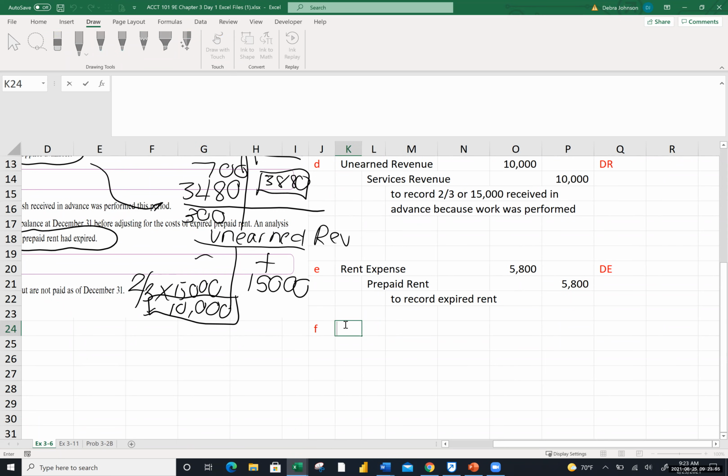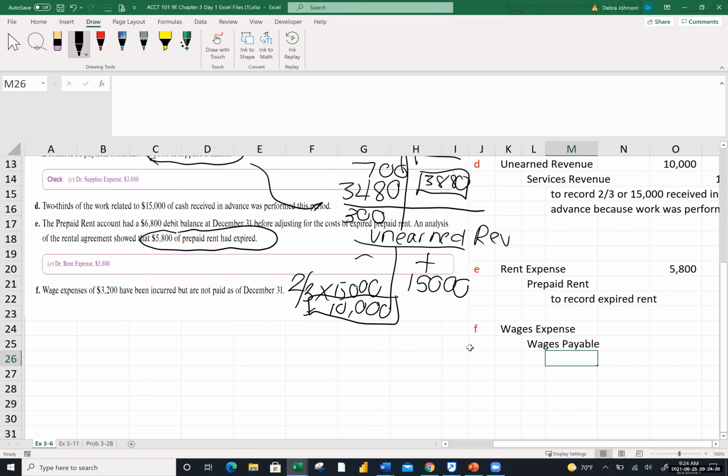You're going to see this happen on the lawn mowing business. It said the guy still owes his friend some money for mowing the lawns. GAAP says you've got to record that expense when it was incurred, in the same period as the revenue he generated. So for this one, wages expense, and I can't use cash because he said he hasn't paid them yet, so I've got to use a payable. We'll use wages payable. And the amount he gave us was 3,200.